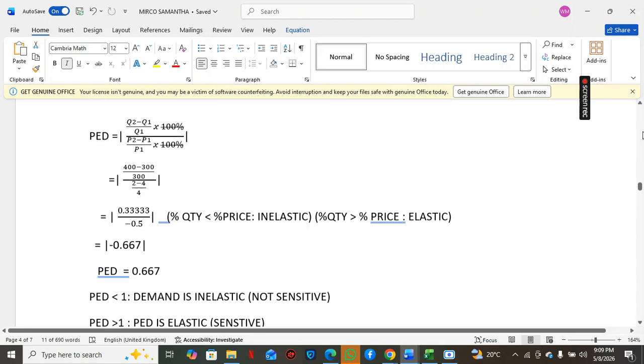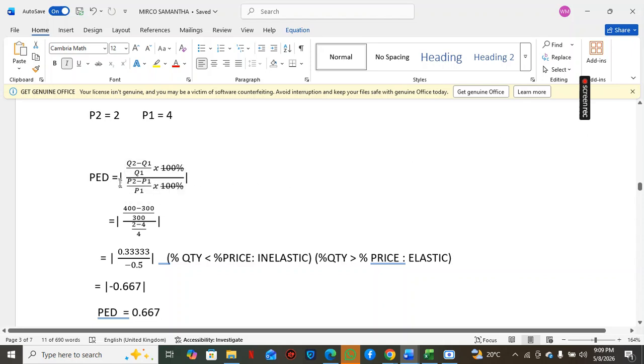Remember when we were calculating the price elasticity of demand? When we did P2 minus P1 over P1, we found this negative 0.5, which when you multiply by 100, it's negative 50%.